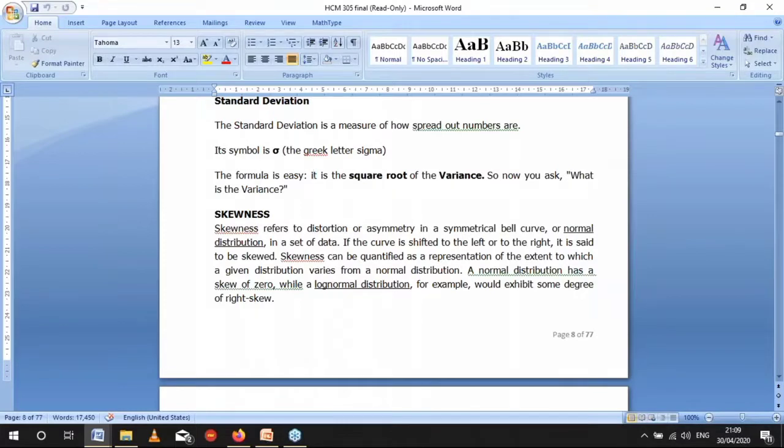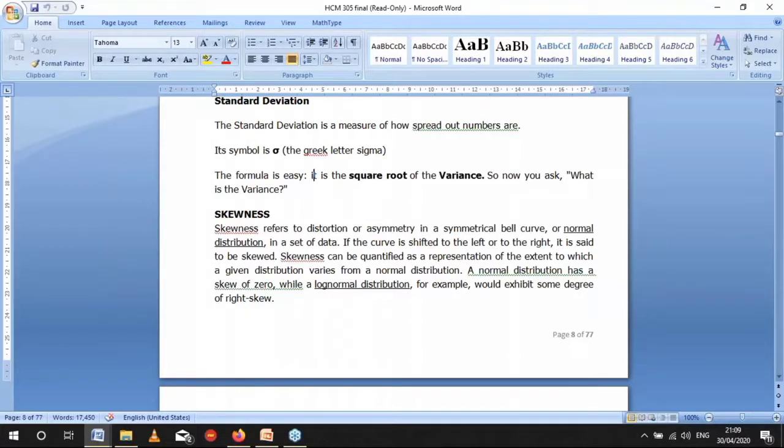Mann-Whitney is a statistical test that is used for comparison of two unpaired samples and non-parametric data.